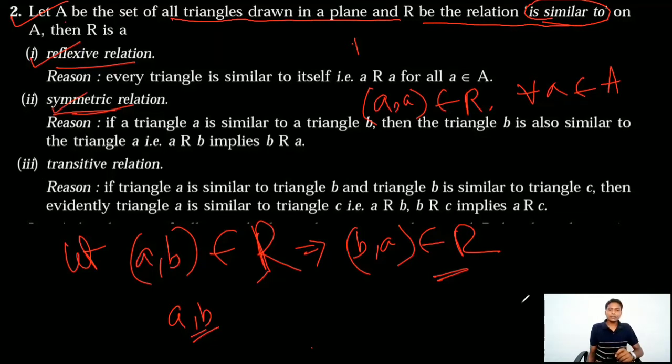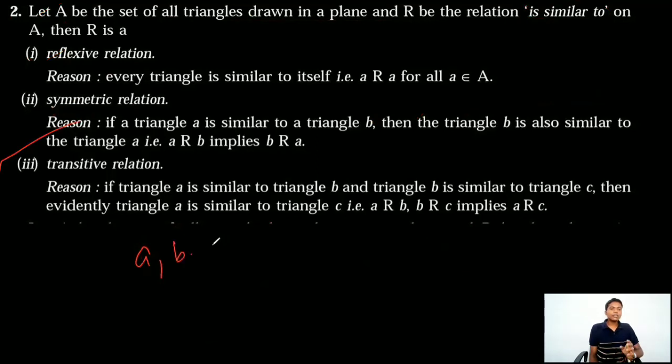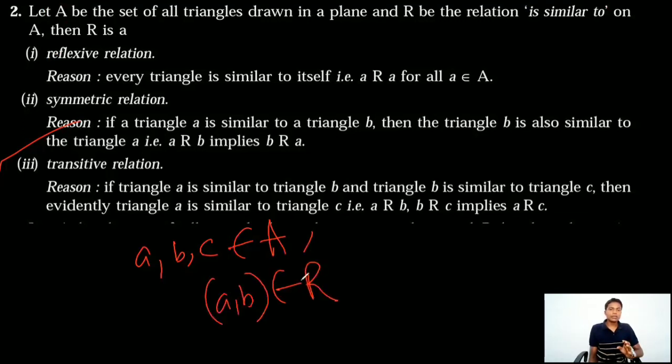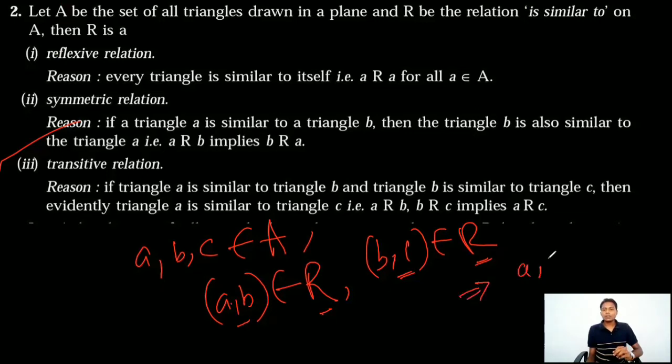For transitivity, suppose any three triangles A, B, C belong to set A, and AB belongs to relation R and BC belongs to relation R. So A and B are similar and B and C are similar. We can easily conclude that A and C are similar to each other. That means AC belongs to R. So R is also a transitive relation.